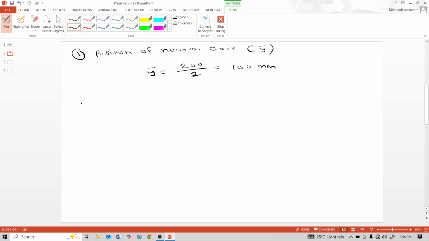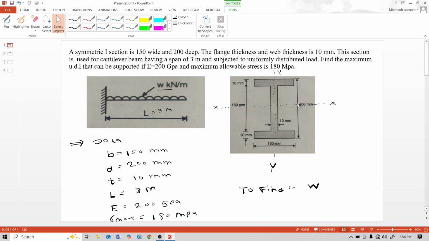Next, calculate the moment of inertia about the x-axis. In this case also, for moment of inertia, we don't use the parallel axis theorem. We directly use the BD cube by 12 formula for a rectangle section and deduct these two rectangles, because our section is symmetric.